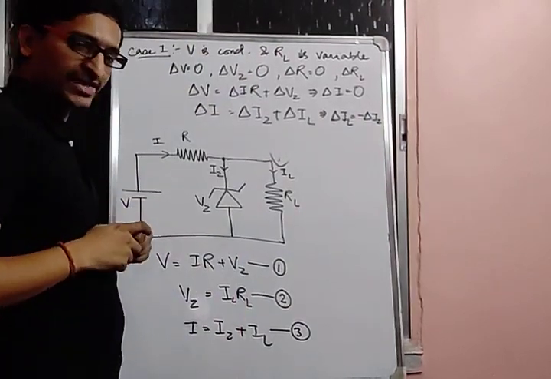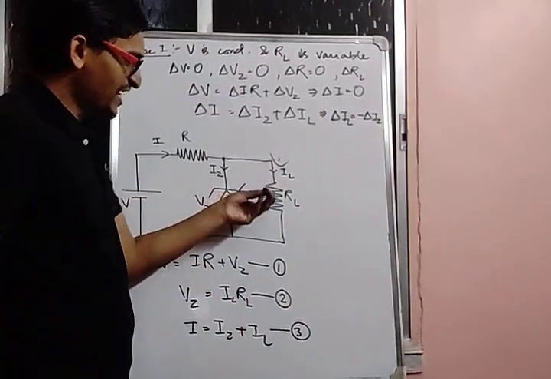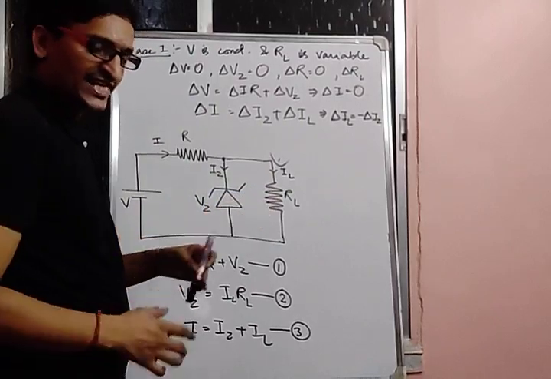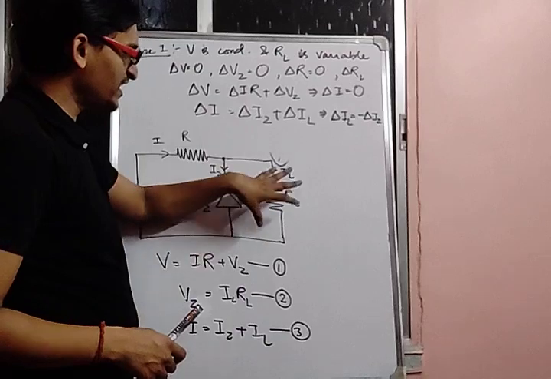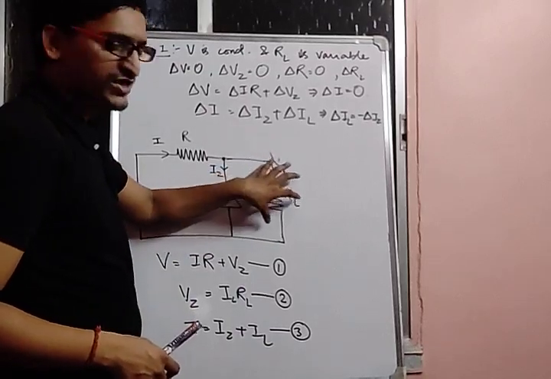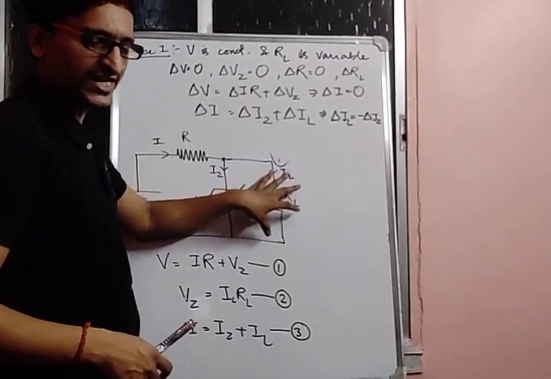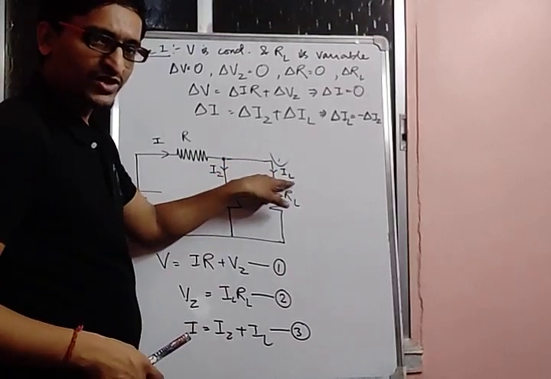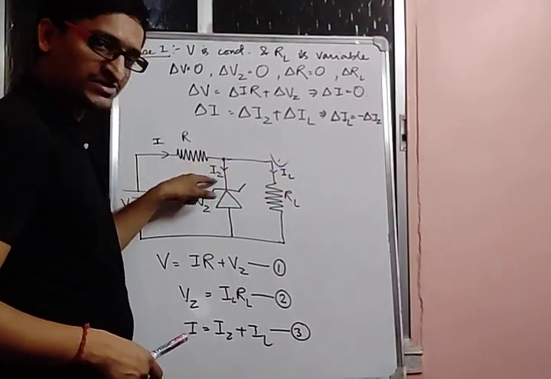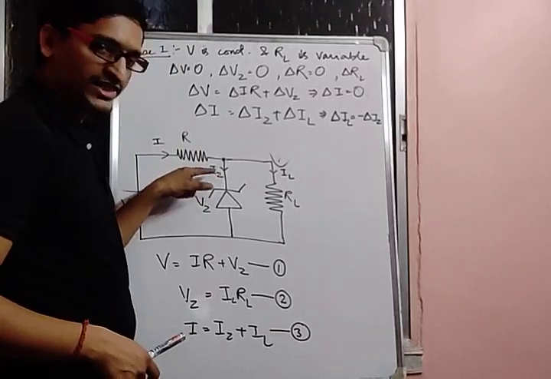So if we change the load resistance keeping the supply voltage constant, then in order to maintain the load voltage constant, there will be some change in the load current, and also some change in the current flowing through the diode.